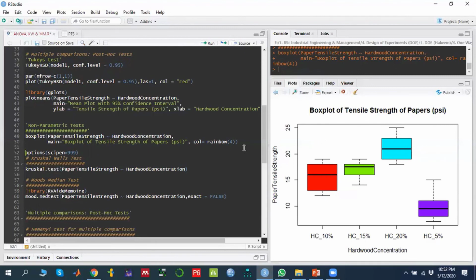Okay, so right now this command is doing what? If I don't run this command, the p-value is given to us in scientific notation.